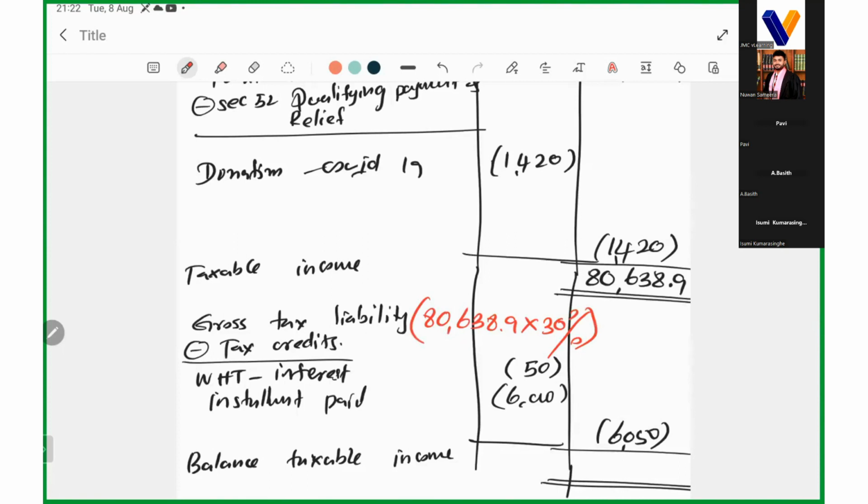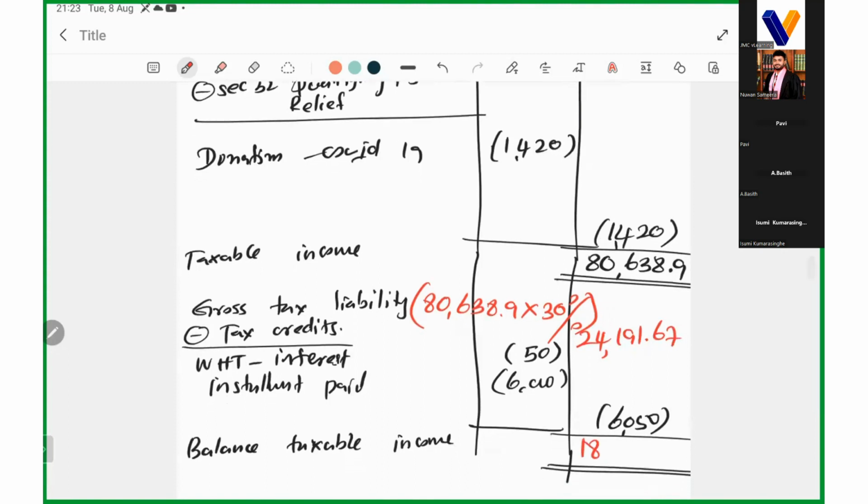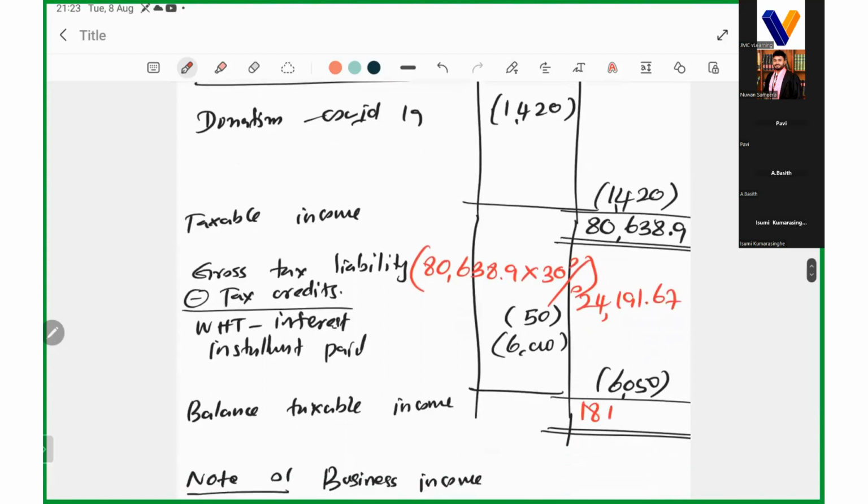So you tax the total 80,638,900 at 30%. The tax liability should be 24,191.67. Then you can deduct 6,050 as tax credit. So the balance tax payable is 18,141.67.